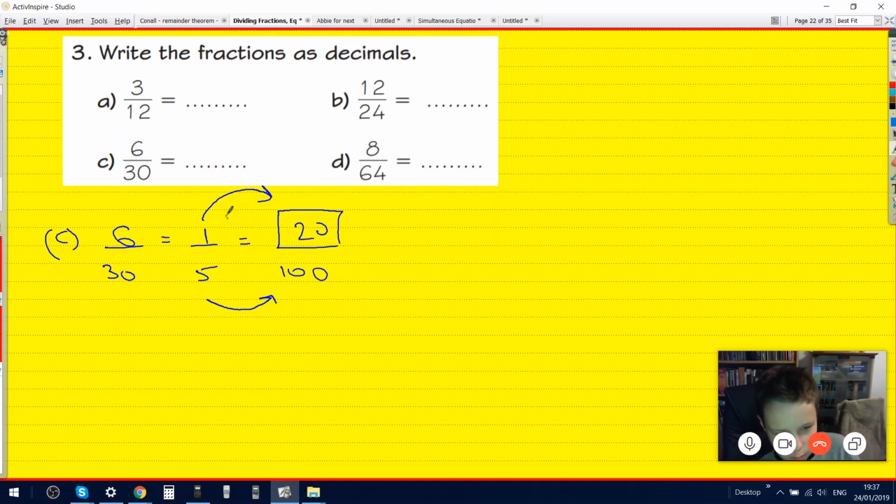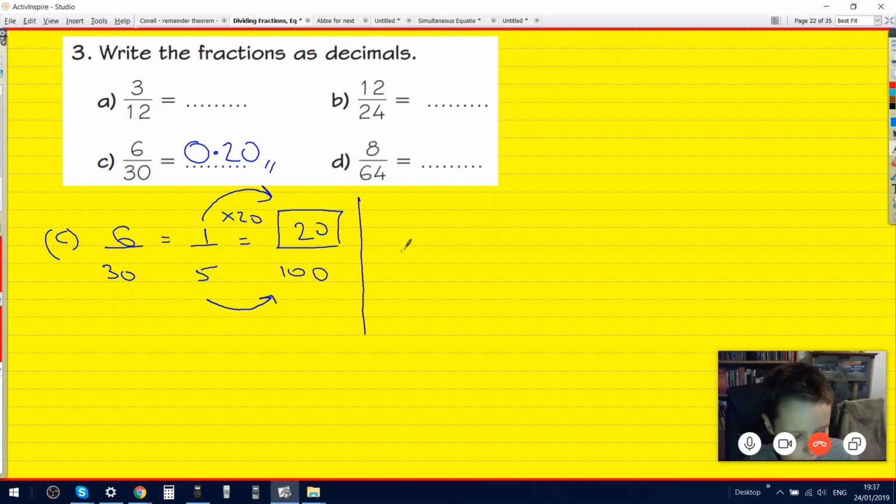So 1/5 is the same as 20 over 100. I think you can simplify 20 over 100. You can. You would get 1/5, but they want it as a decimal. Okay, so as a decimal, it's 0.20. Well done.